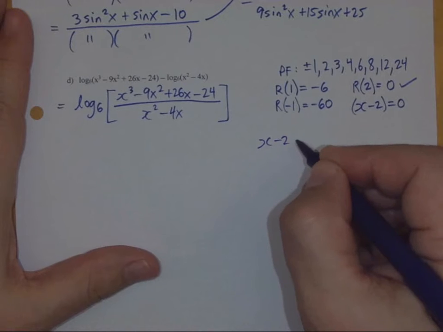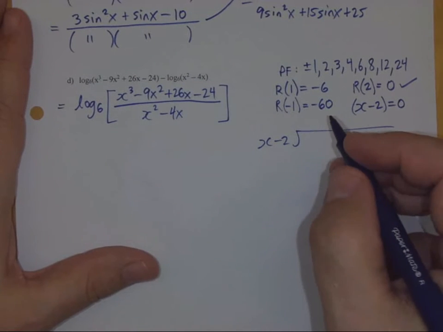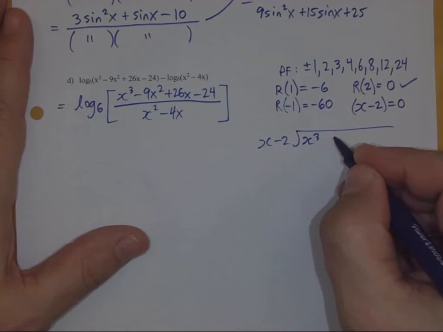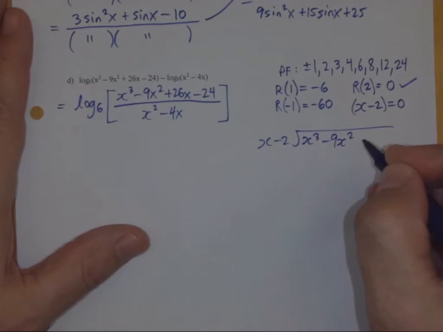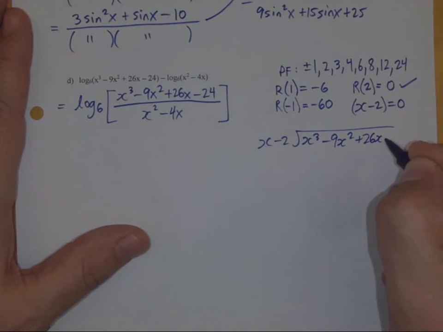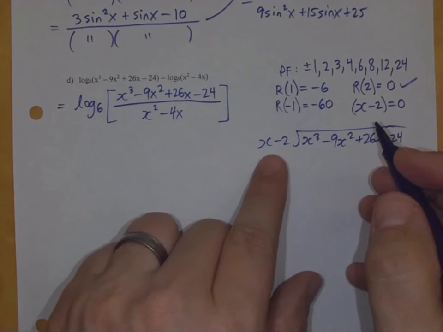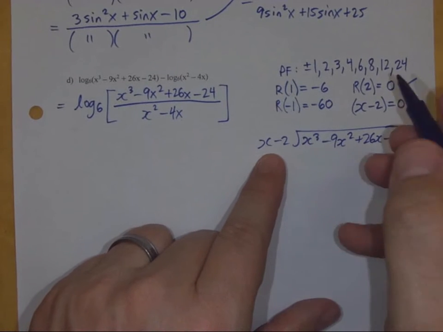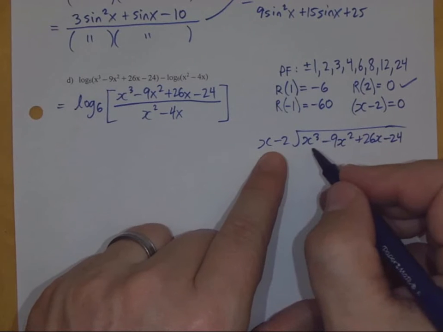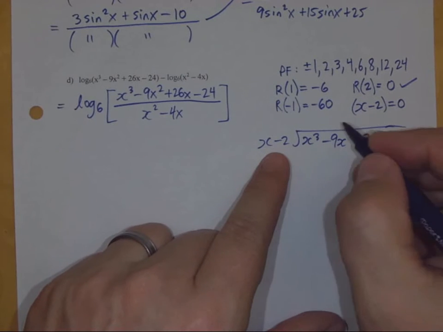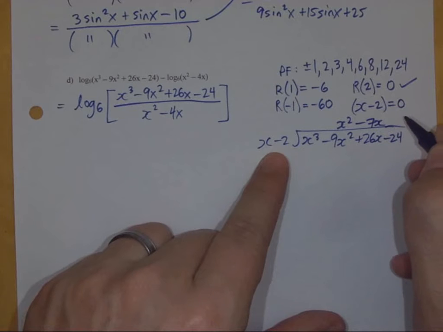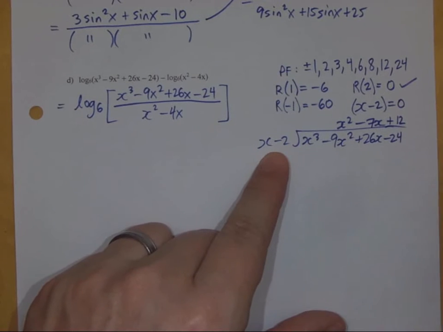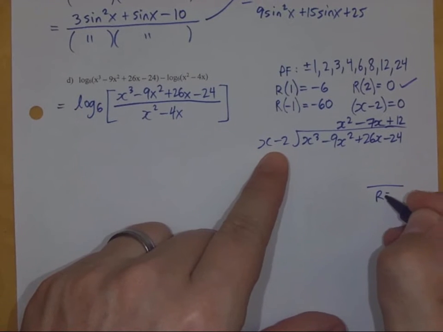Let's either use long division or synthetic division to divide this out. Now I'm going to go very quickly here and skip a few steps because I know you all know how to do this. It's going to be very quick. The quotient when I divide out an x minus 2 as a divisor is x squared subtract 7x plus 12 with a remainder of 0.